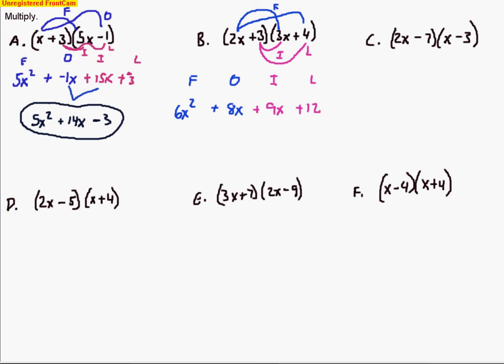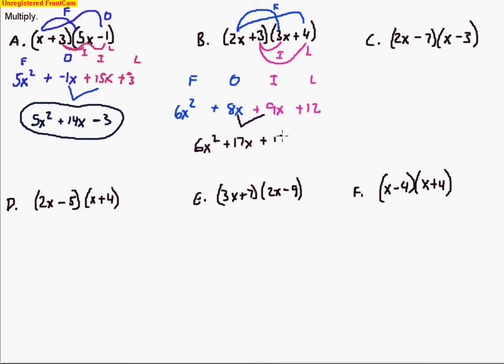So what I want you to notice about this problem is we have the same sign. When the signs are the same, we have outer and inner terms that are equal signs, so we add them together. And so here we have 6x squared, we brought down the first term, and then it's a plus 17x. And then we also always get a positive number when we have our two binomials with the same sign.